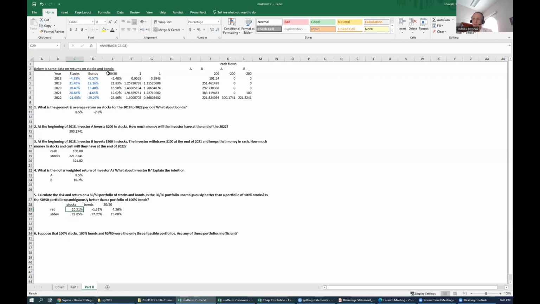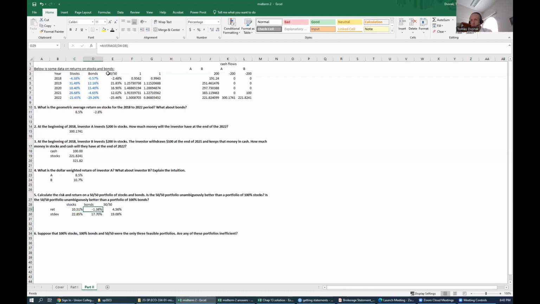Well, let's take a look at the 100% stocks portfolio. It has a 10% return with 22% risk. Are there any portfolios that have at least as good of a return with equal or lower risk? No. So stocks is not inefficient.